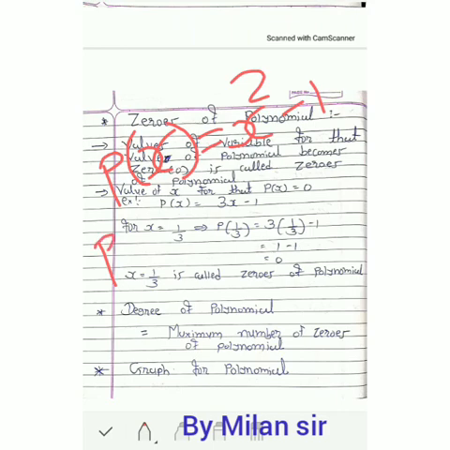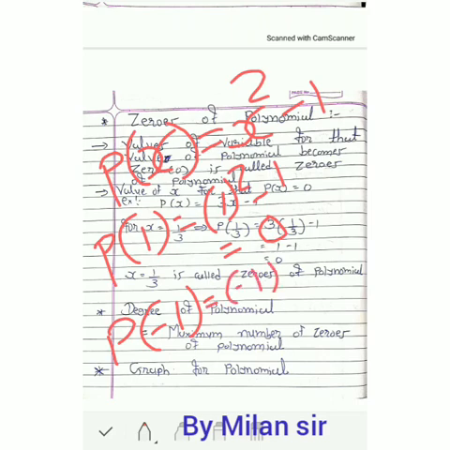Now take x is equal to 1. Then 1 squared minus 1, that means 0. And take the value minus 1. So minus 1 squared minus 1, and minus 1 squared also gives a positive answer, that means plus 1, because of the even exponent. So 1 minus 1, 0.